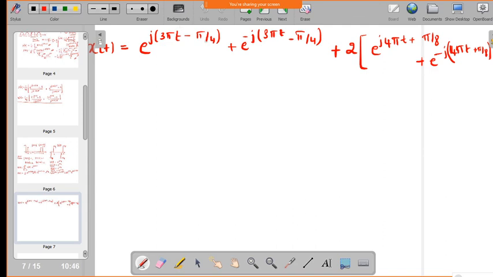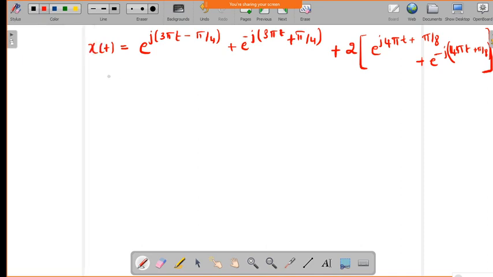If you take plus it will give minus, and if you take minus it will give plus. So this is the expression and this is the x of t signal, and you can write this in terms of cos and sin terms.